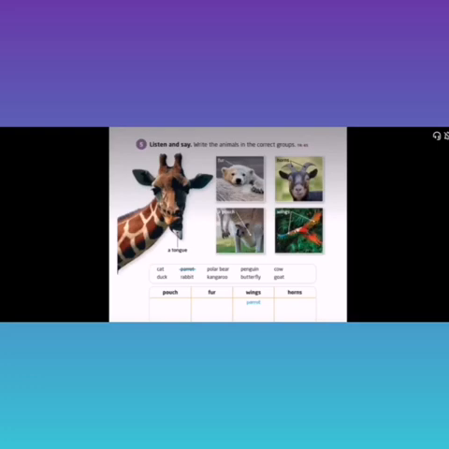Okay, so we have some animals that have a pouch. Tenemos algunos animales que tienen bolsa, que son los marsupiales. Some animals have fur. Algunos animales tienen pelaje. Some animals have wings. Algunos animales tienen alas. And we have an example that is parrot. And some animals have horns. Y algunos animales tienen cuernos.